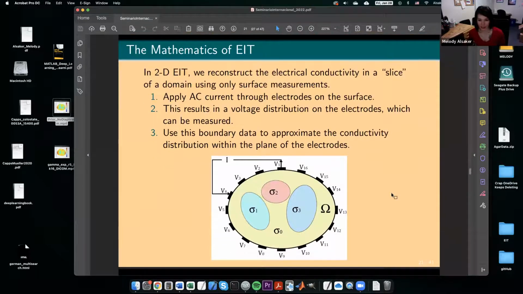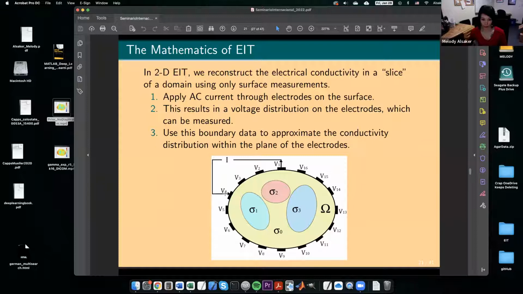So we're going to get into a little bit of the actual mathematics now. Here is just the background. Once again, for EIT, we have a domain, omega, and inside this domain is some kind of conductivity distribution. Each one of these internal objects, you could think about as a heart and two lungs, if you like, and then the surrounding tissue. Each one has its own conductivity associated to it.